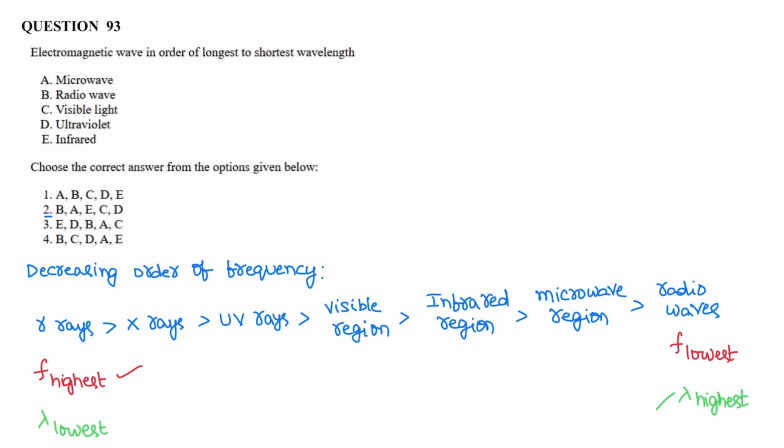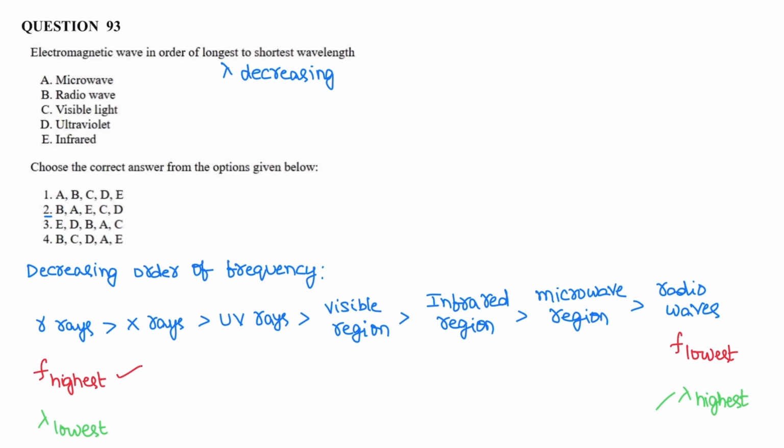Now in the question, they asked the order of longest wavelength to shortest wavelength, that is, decreasing order of wavelength, lambda.